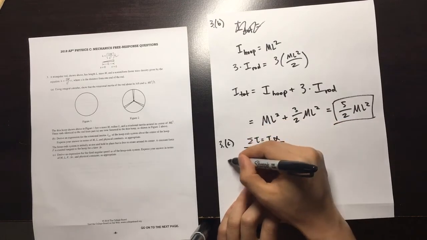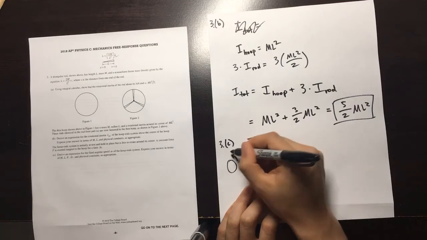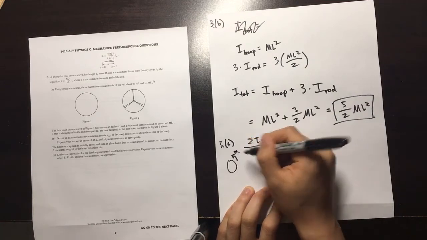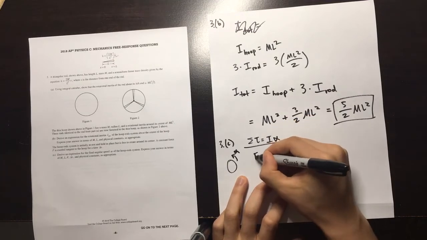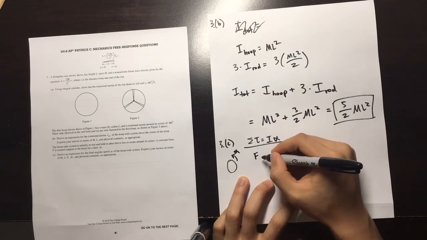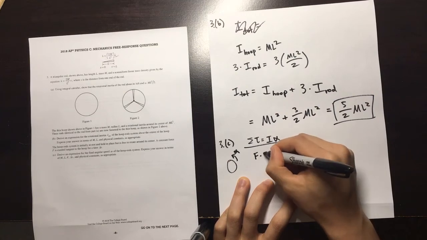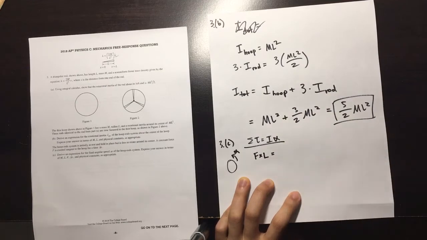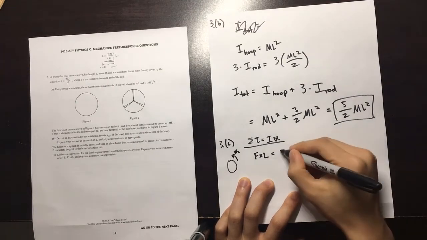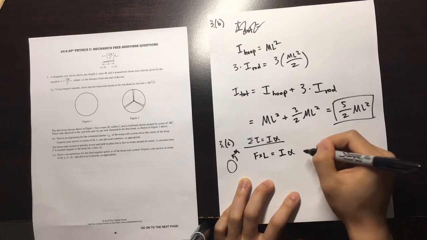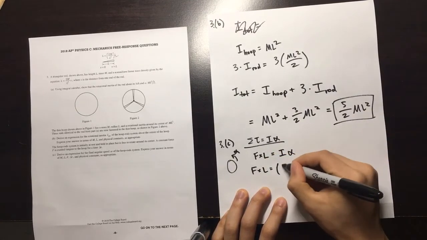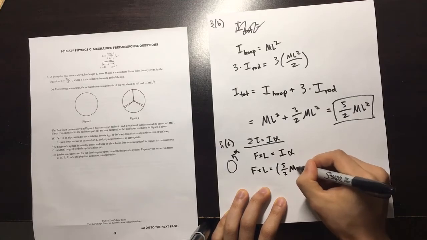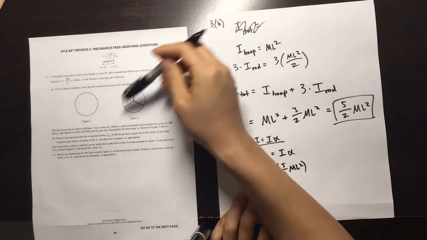Now, assuming counterclockwise rotation to be positive alpha, the torque exerted by that force equals force times lever arm, force times L, equals I times alpha. Now, for the I, I'll substitute in the total I of this figure.